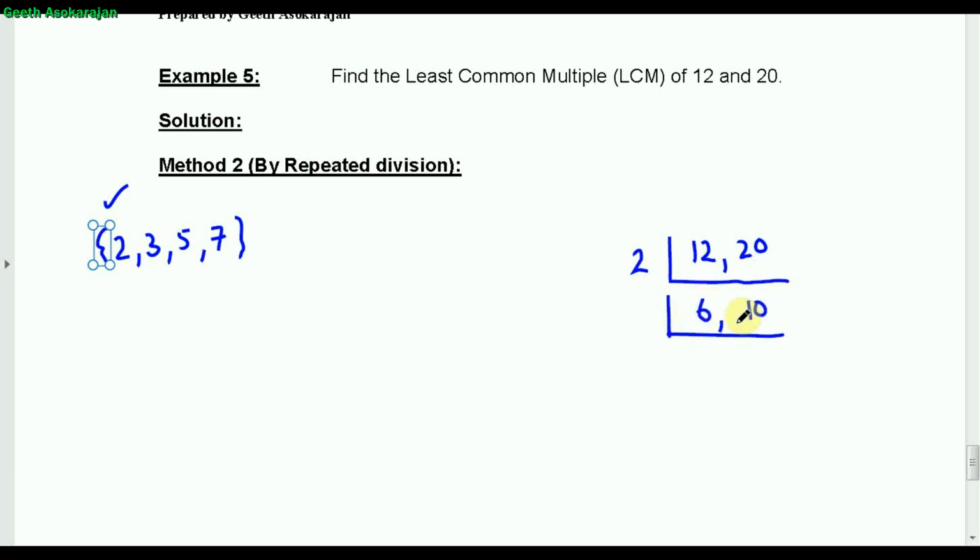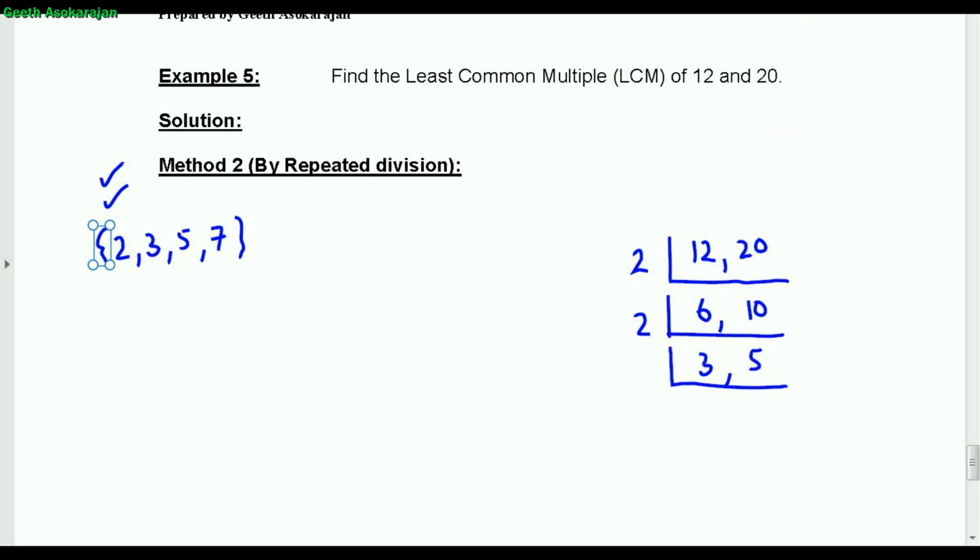Let's check whether 2 is possible again. 6 divided by 2 is 3, no remainder. 10 divided by 2 is 5, no remainder. So 2 works again. So we have 3 and 5. And remember the idea, we stop here because 3 and 5 are part of the prime numbers.